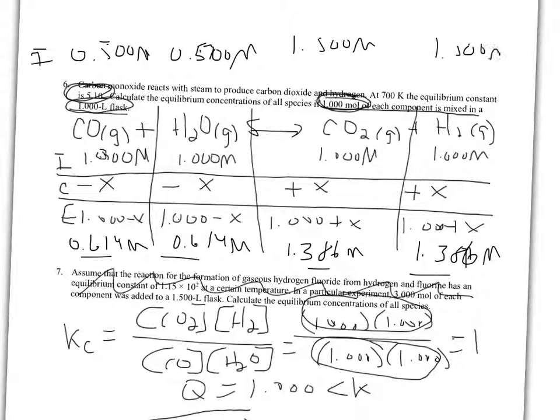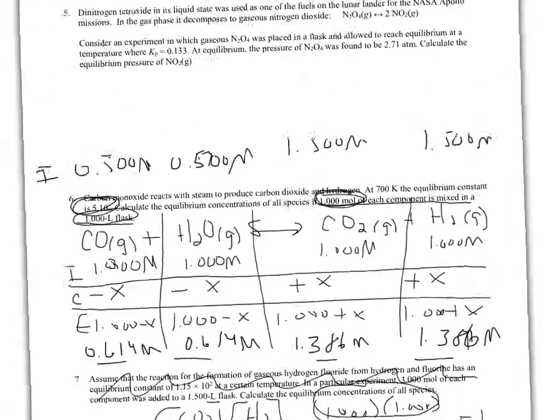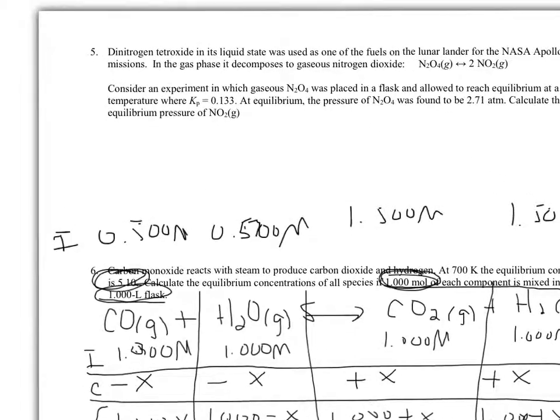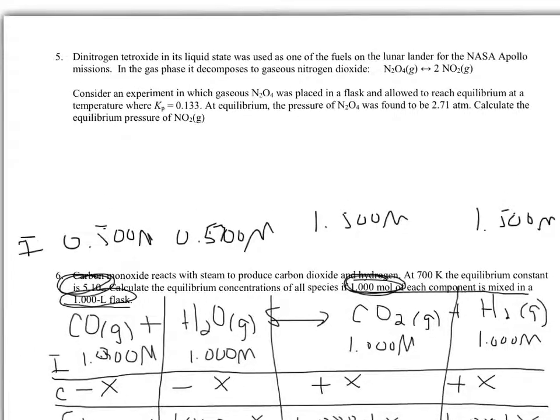So let's say the problem was different and these were the starting amounts that we were given. Well, plugging these values into the expression, sorry, this is going to be Q.